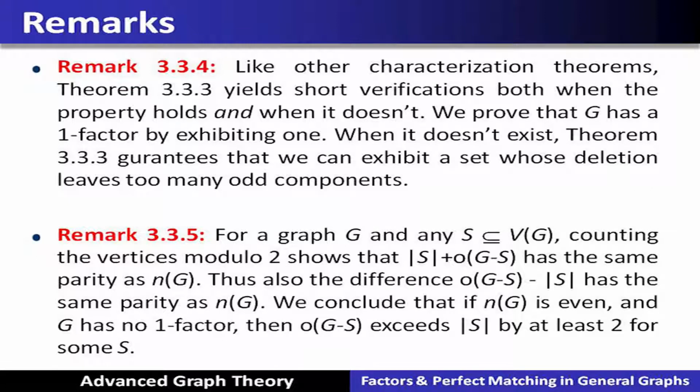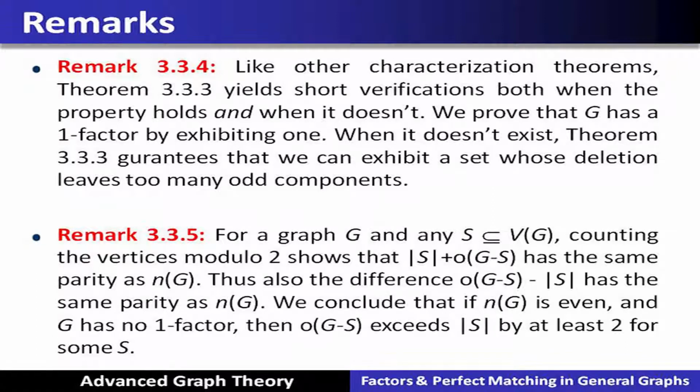We prove that G has a one factor by exhibiting one. When it does not, then we have to find a subset S that, if we remove it, will leave too many odd components. Hence, it will violate Tutte's condition, and we can state that the graph does not have a one factor.